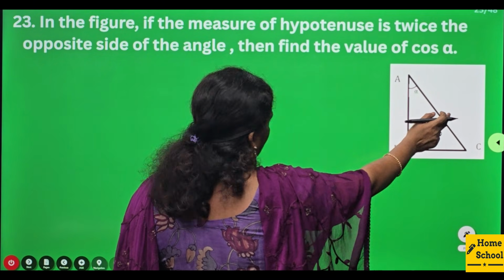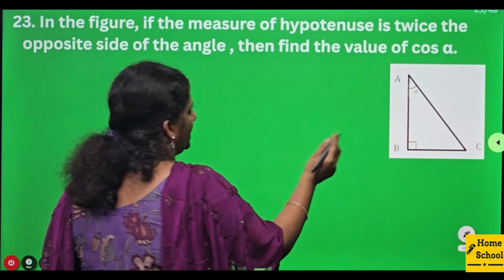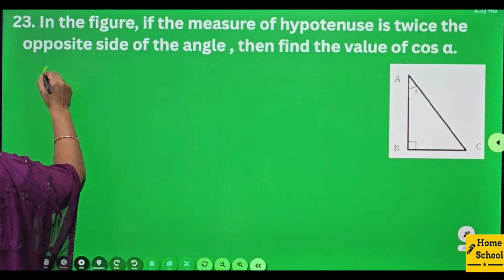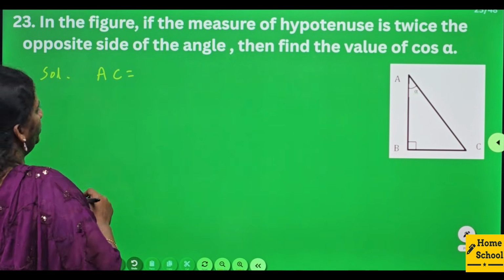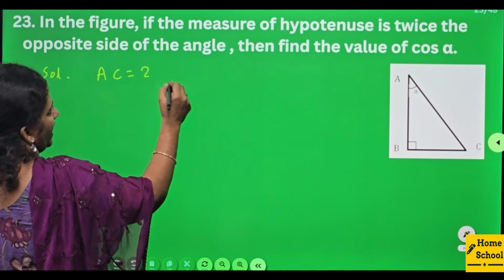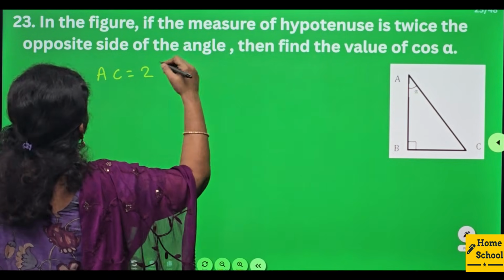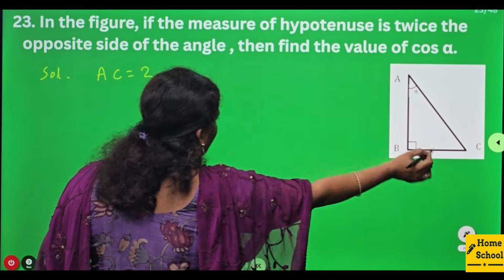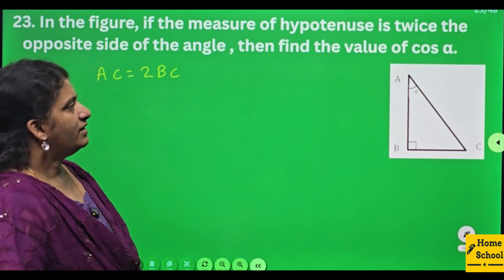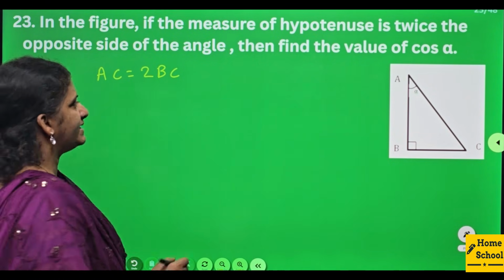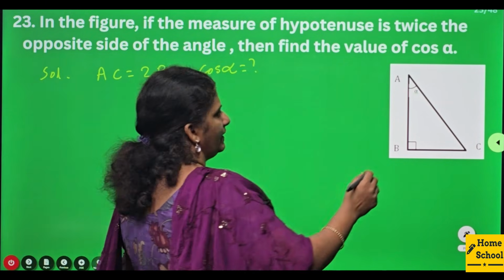The hypotenuse, that is AC, is equal to twice the opposite side of the angle, that is 2BC. Then find the value of cos alpha is your question.